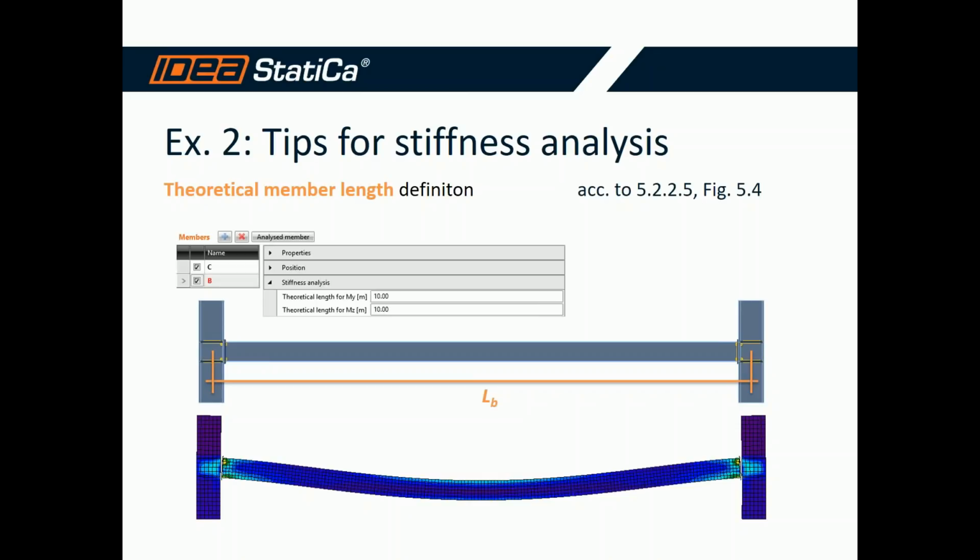And according to clause 5.2.2.5, figure 5.4, the theoretical member length of the analyzed member is the span of a beam from the center of the column to the center of the column.